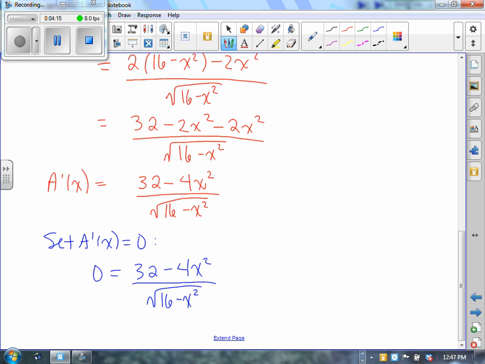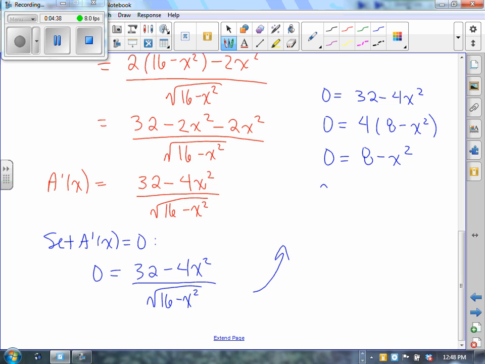So specifically, let's go back to the top here. Where does 0 equal 32 minus 4x squared? Well, we could factor out a 4 and get 8 minus x squared. We could divide that 4 out from both sides and be left with this.